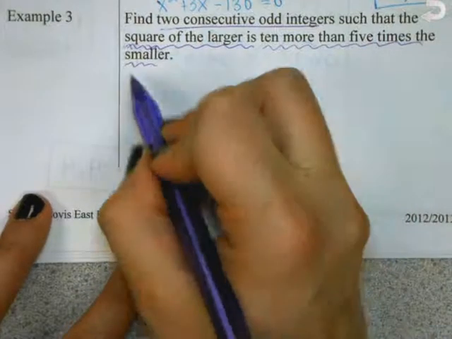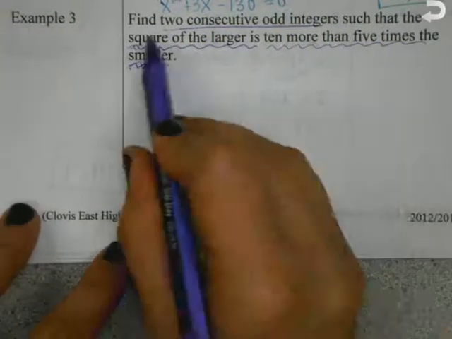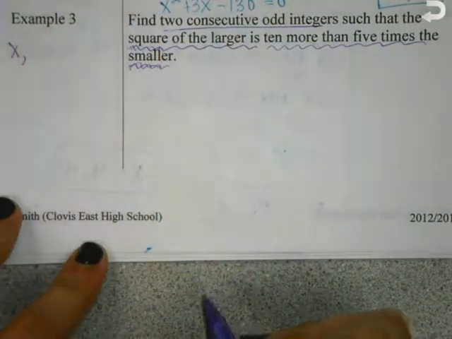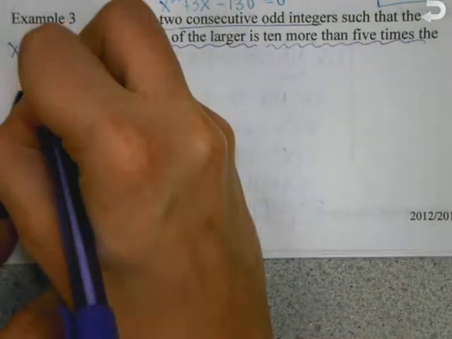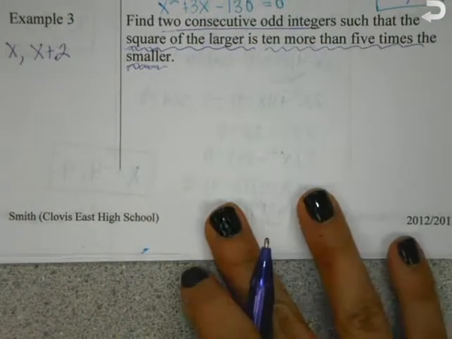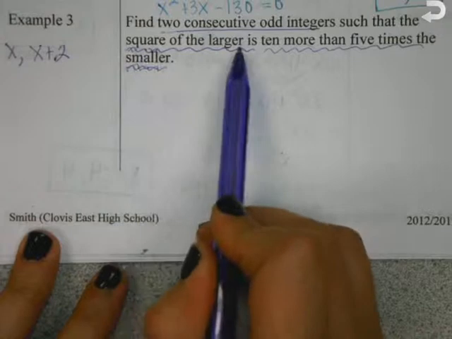So one is x and the other one is x plus 2. Okay, let's read the information we're given again. The square of the larger. Which one is bigger, x or x plus 2? X plus 2, and we're squaring it. So x plus 2 squared.